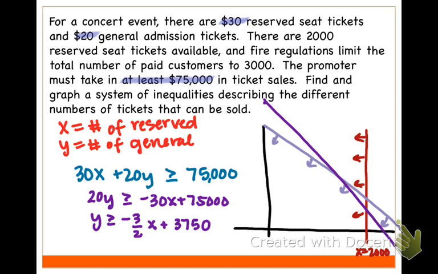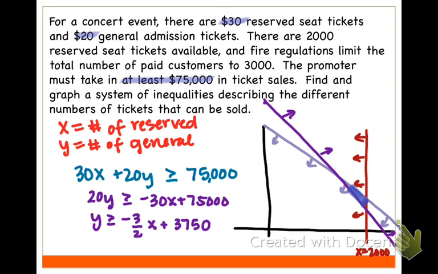So you can start to see, and I'm going to graph, I want to be above that line. So you can see there's just one tiny sliver right in here where we want to be. So there's not a lot of area where they can be making that $75,000 or more. But there is that possibility.